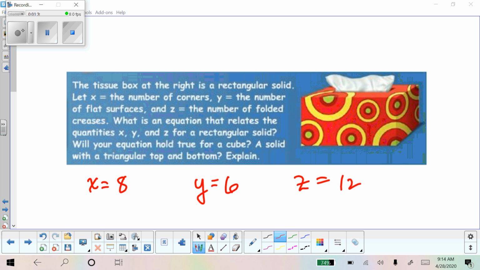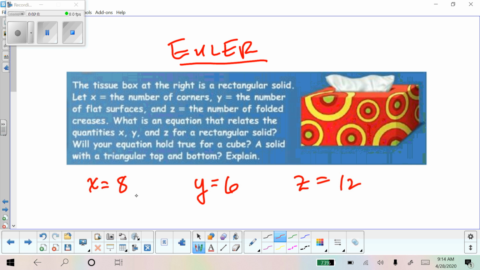So this dude named Leonhard Euler, and his last name is spelled like that, noticed that there's always a relationship with polyhedra between the number of corners, which we're going to call vertices, the number of flat surfaces, which we're going to call faces, and the number of folded creases, which we're going to call edges.